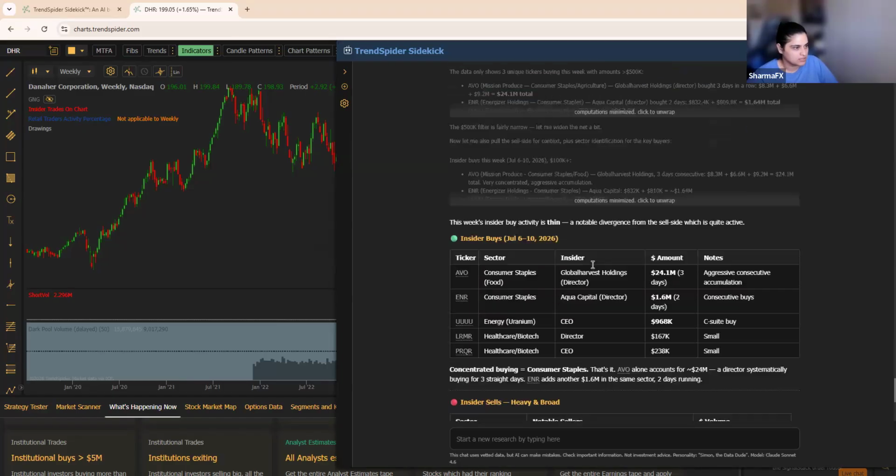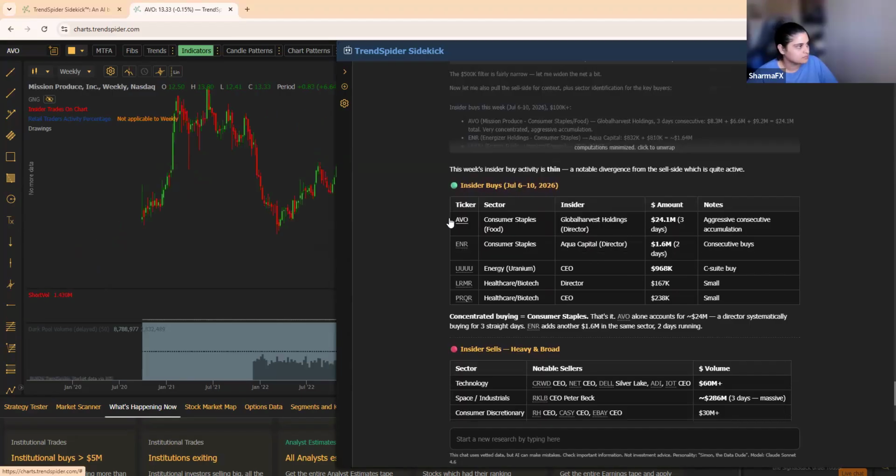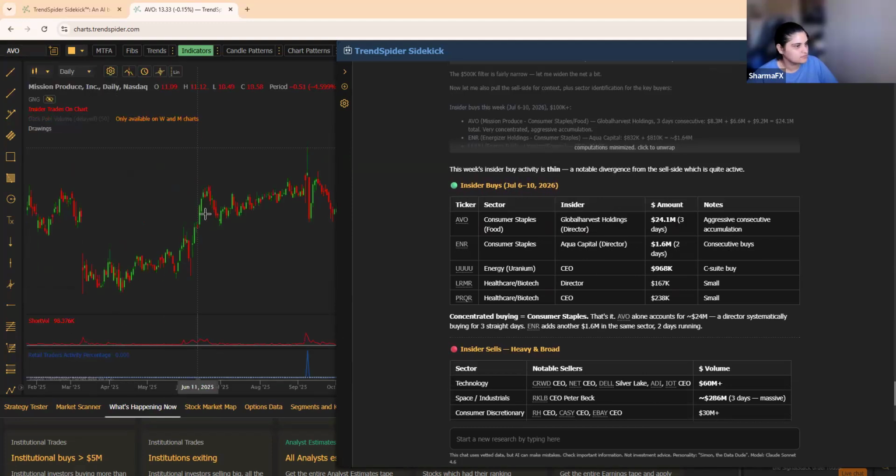So we just got our response here, and we're seeing that Mission Produce is getting, let's come over here onto the daily for this. This is in consumer staples, the food space. The director here has about 24.1 million over 3 days, aggressive consecutive accumulation. So we're seeing some buys happening.